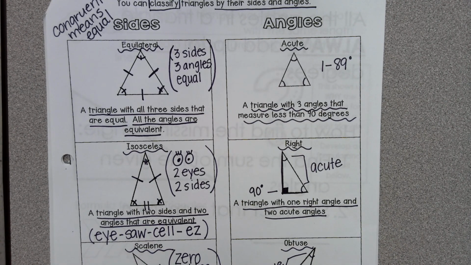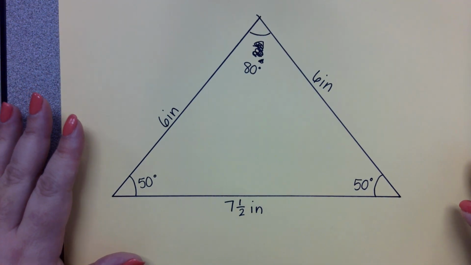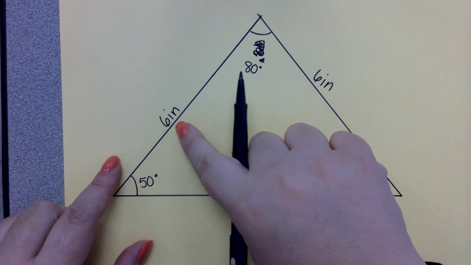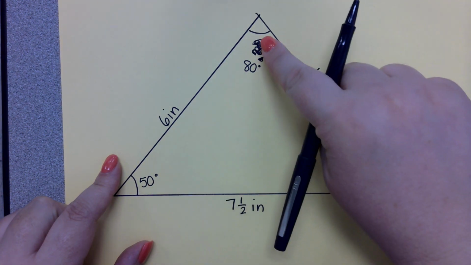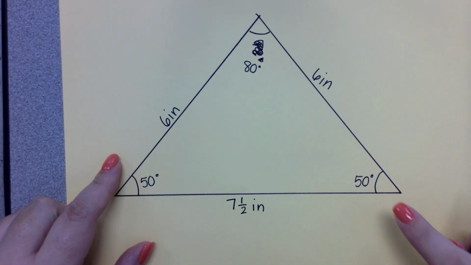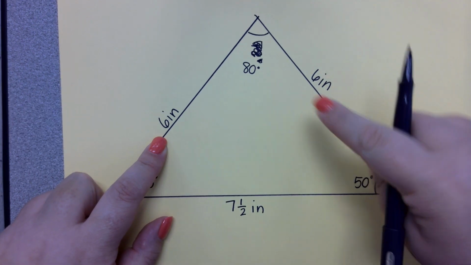So let me talk to you a little bit about how we name our triangles. Okay, so I have here a triangle, and as you can see, it has the measurements on the sides, and it has the measurement of the angles. So what I notice right now is that this side and this side are 6 inches.